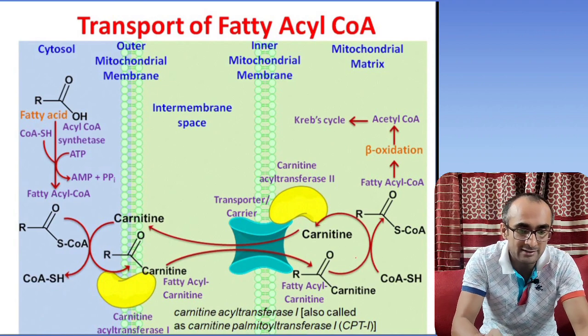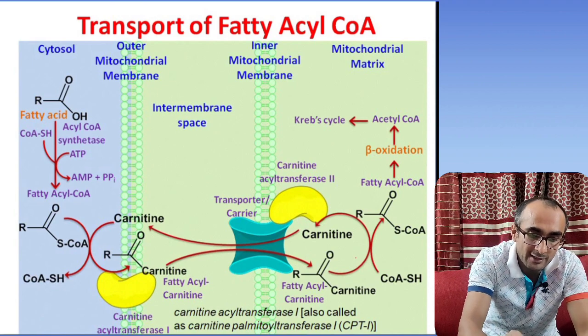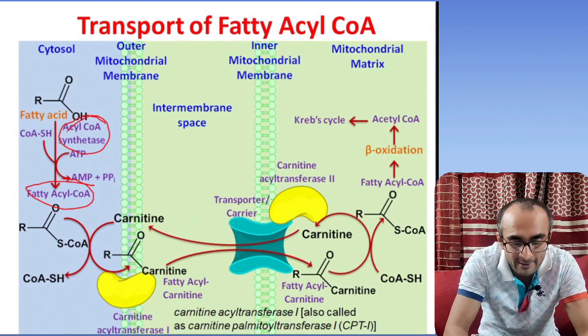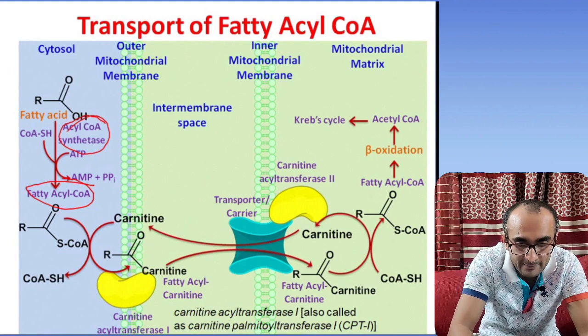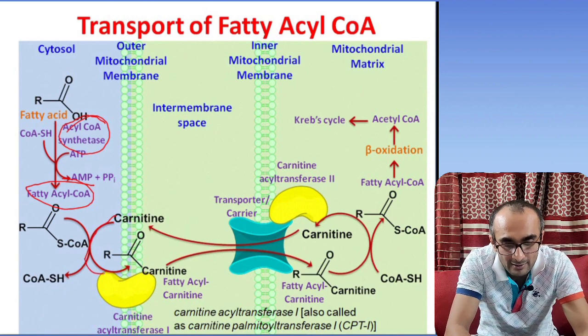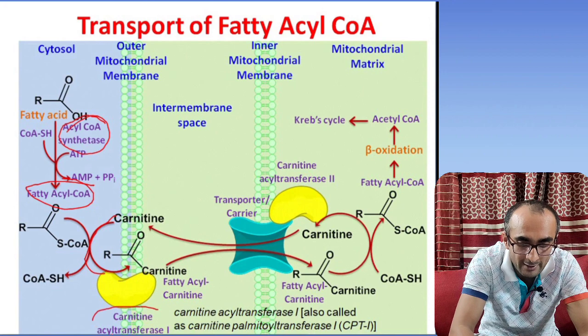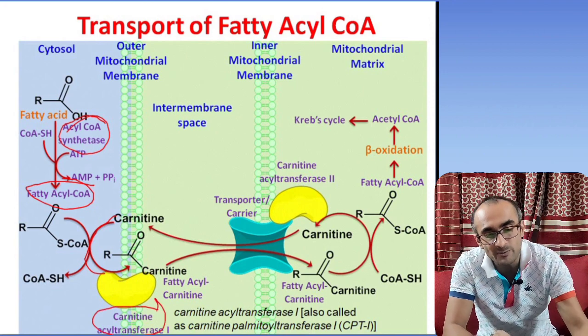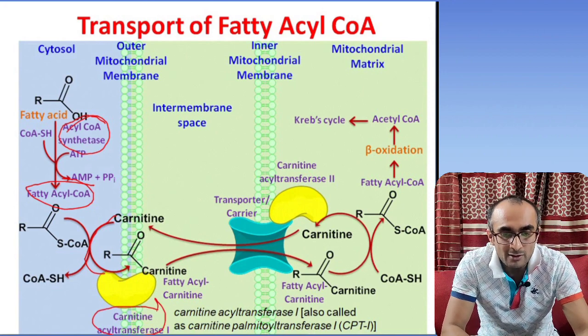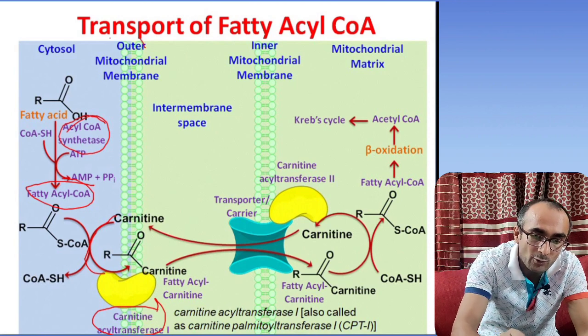So if you look at this reaction again, cytosol ke andar fatty acid is converted into fatty acyl coenzyme A by the action of acyl coenzyme A synthetase, jahan pe ATP use hui thi, and this fatty acyl coenzyme A reacts with carnitine with the help of enzyme called carnitine acyl transferase 1. So carnitine acyl transferase 1 ek enzyme hai which is located in outer mitochondrial membrane.